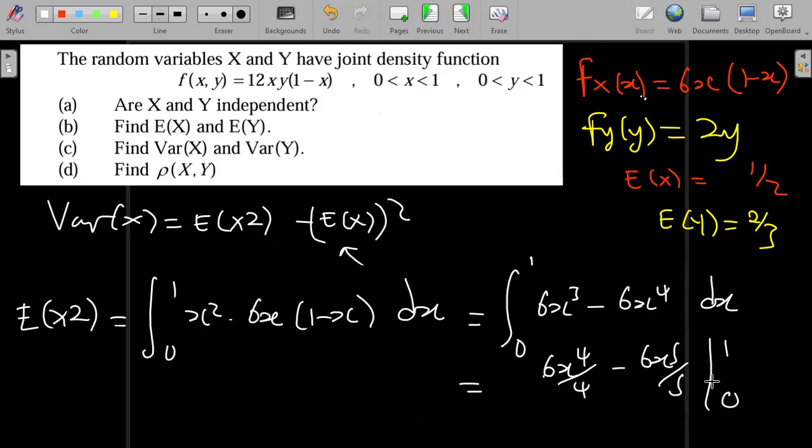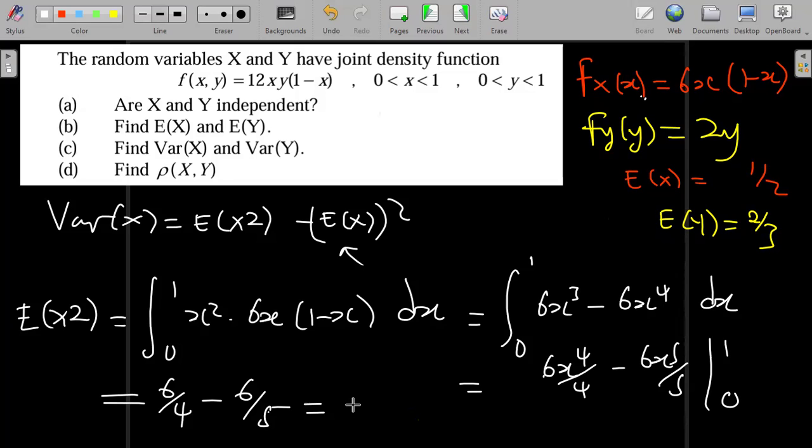So if I replace with 0, everything will be 0, collapse. So if I just replace with 1, I get 6 over 4 minus 6 over 5. So if I evaluate this, what am I going to get?